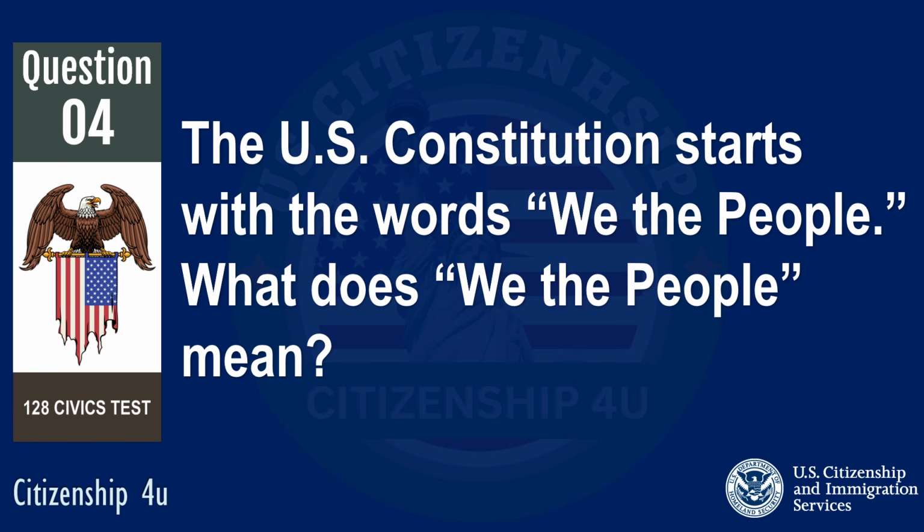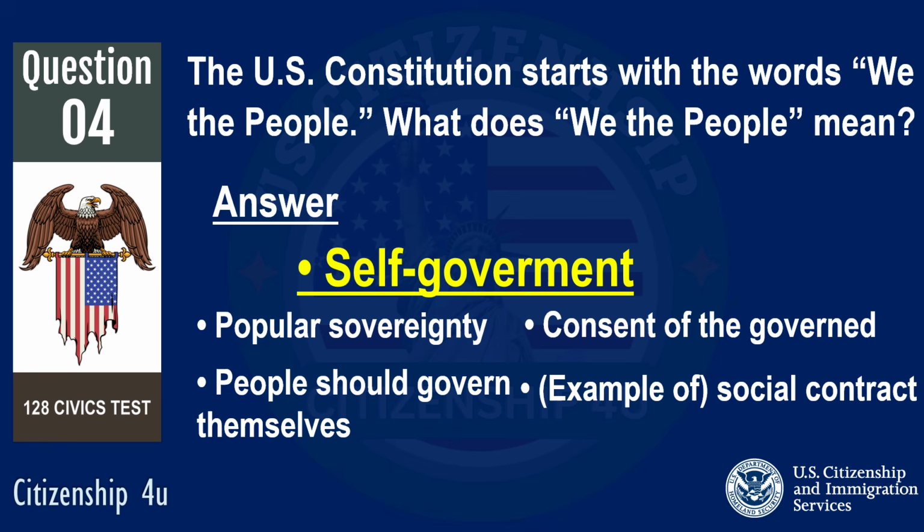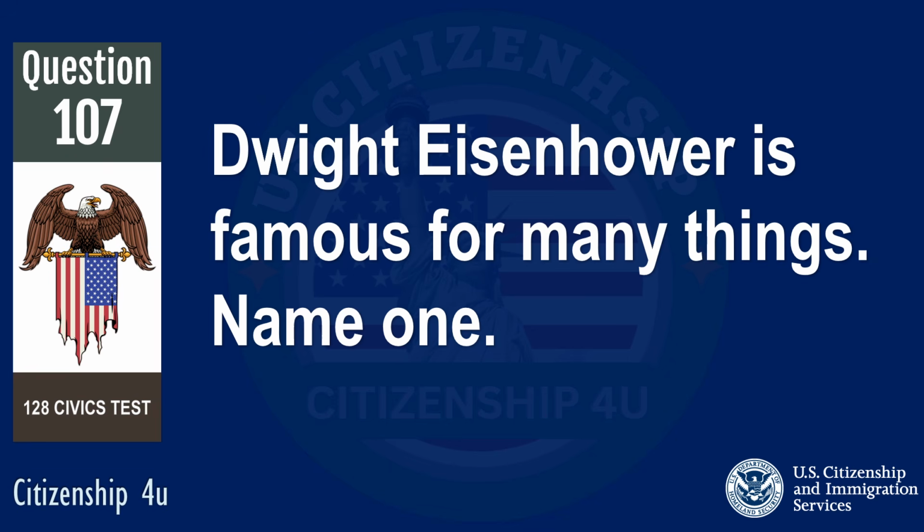The U.S. Constitution starts with the words, "We the people." What does "we the people" mean? Self-government. Dwight Eisenhower is famous for many things. Name one.